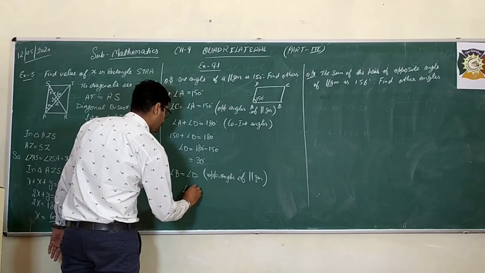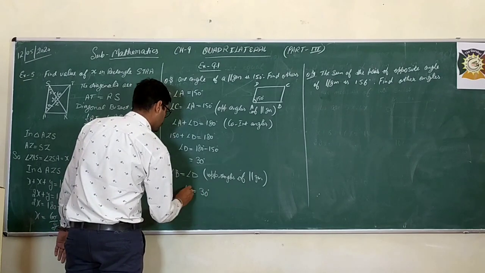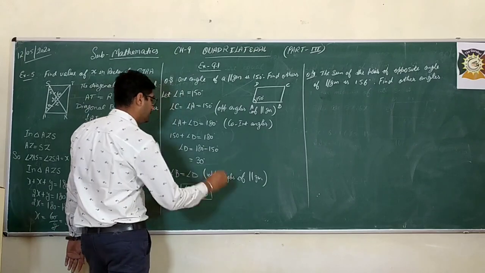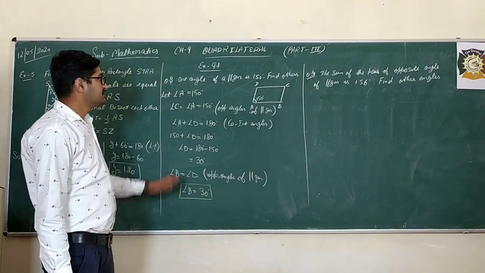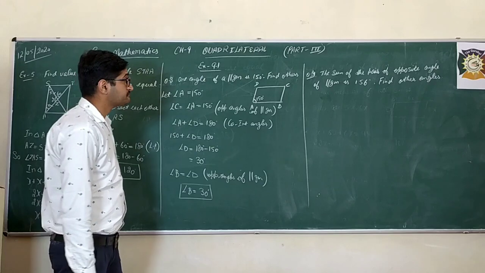So the value of angle B is also 30 degrees. So these are the angles that we find.